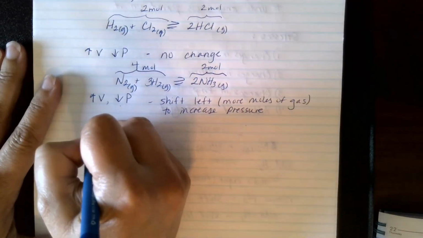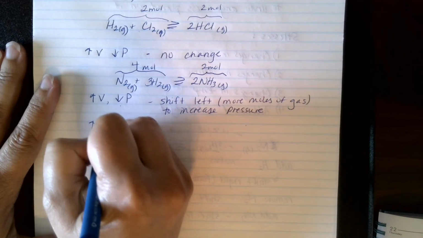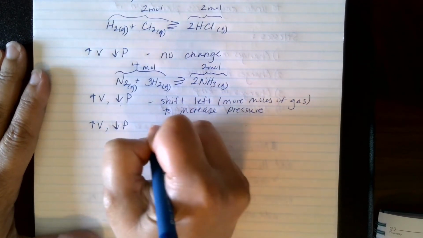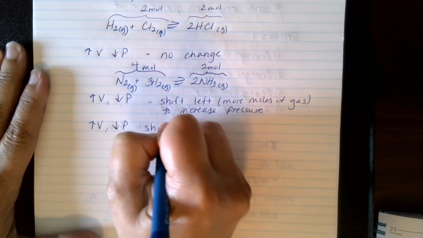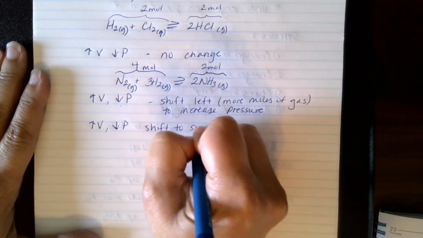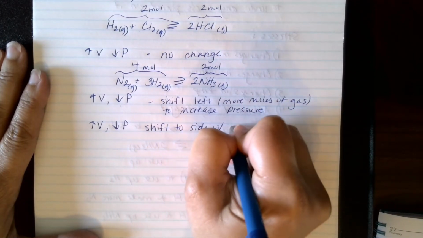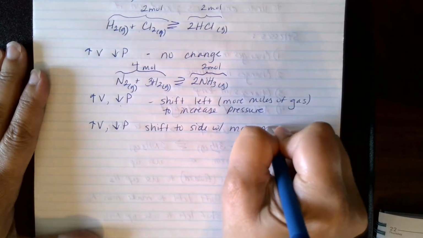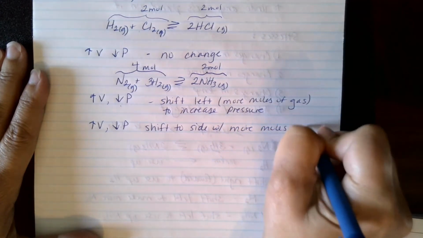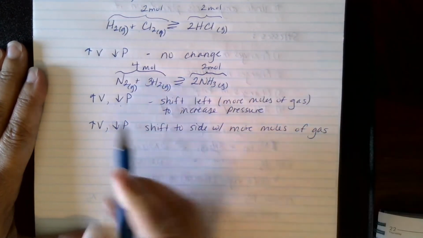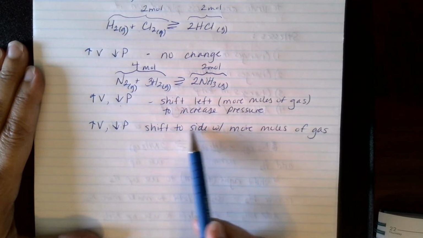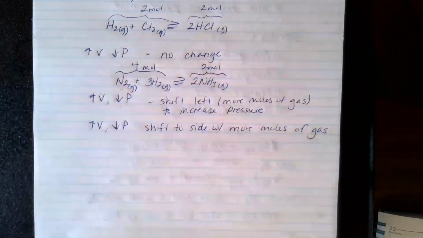Alright, so anytime I increase the volume, which means the pressure decreases, I want to shift to the side with more moles of gas. Okay, if you do the opposite, then you would shift to the side with fewer moles of gas.